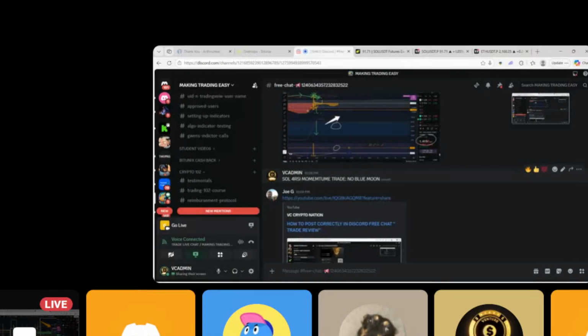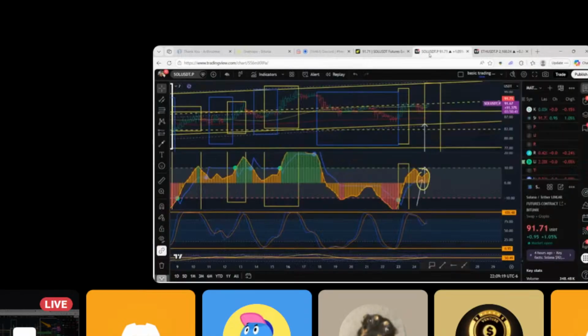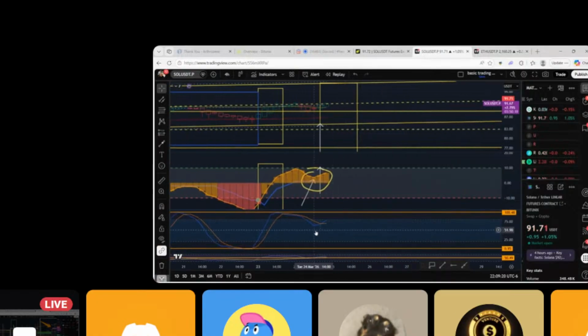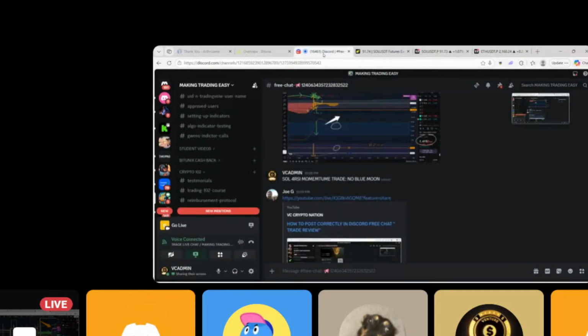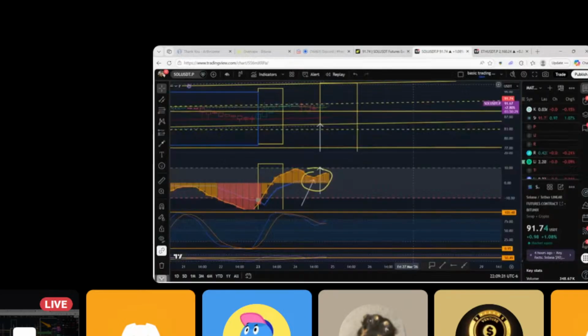We're all going to go, oh, the Solana 4-hour is headed up. So now we all know that we have a possible trade here. Very simple. Now, that's strategy one, which just means the trade went live. Strategy two is how do you enter this trade?